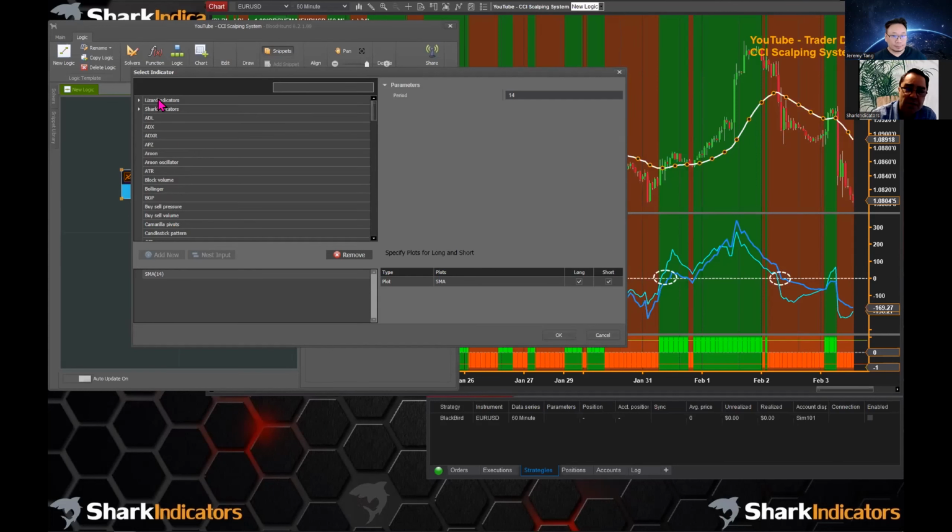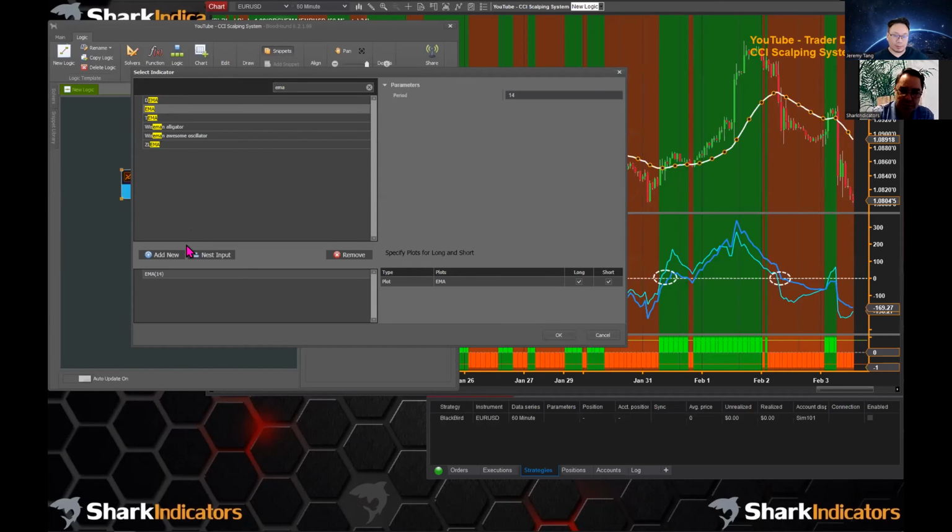I have some indicators from lizardtrader.com, so you can even use third-party indicators. Some of you are probably from Futures.io, and they have a bunch of indicators you can download for free. Certainly, if you install those indicators and they happen to spit out the plots, you can also use those as well.